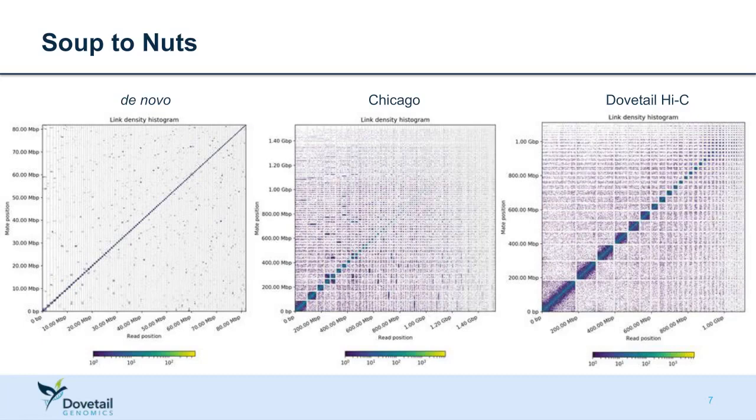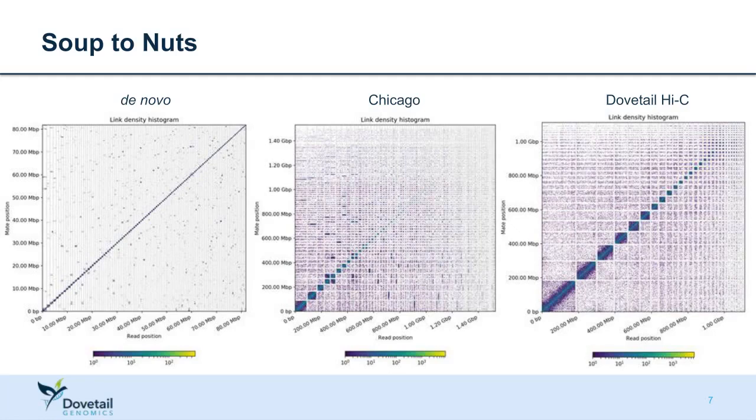In this case, we can see here, let me just use my pointer. This is actually going up to full chromosome scaffolding. And one thing that I would like to point out is these little lines here.